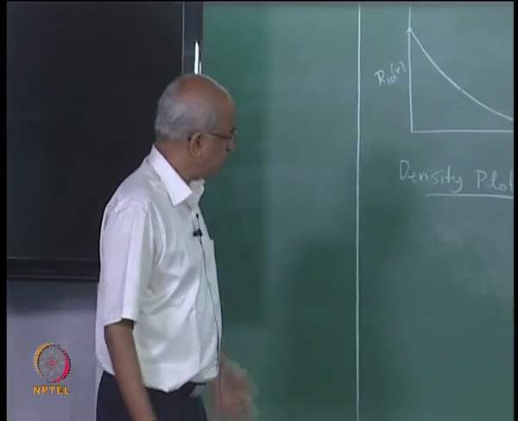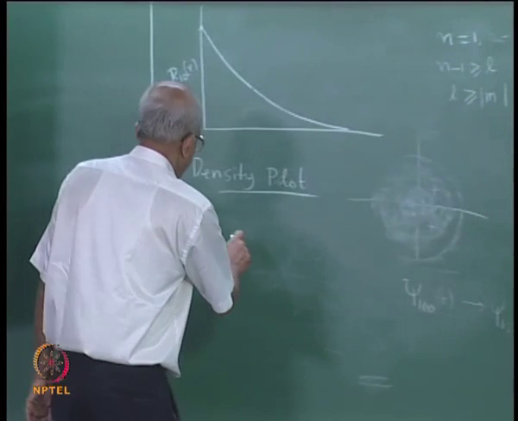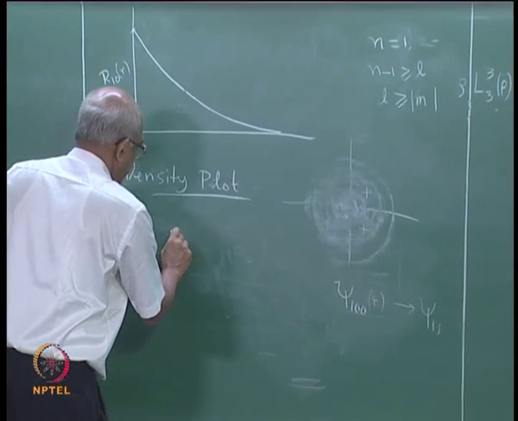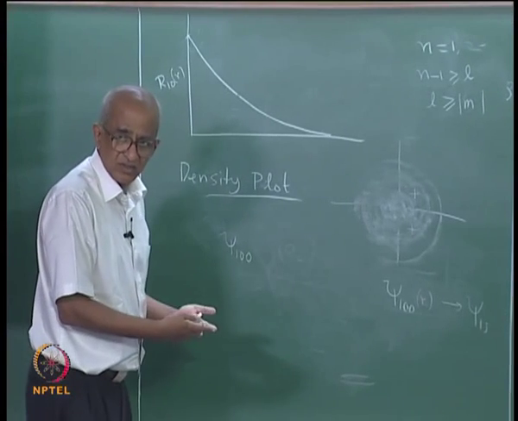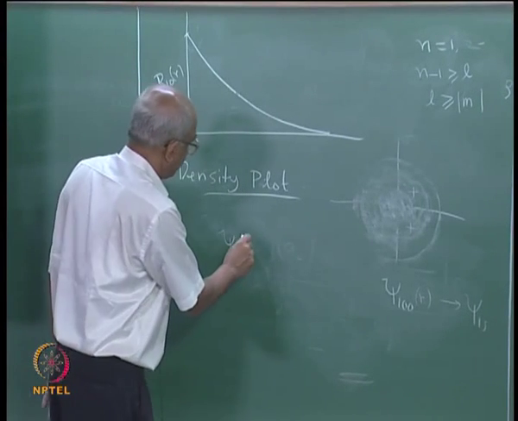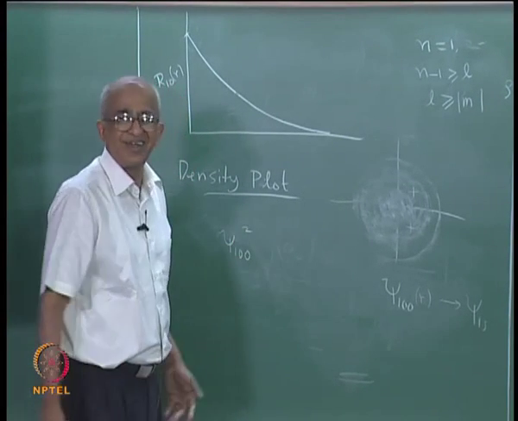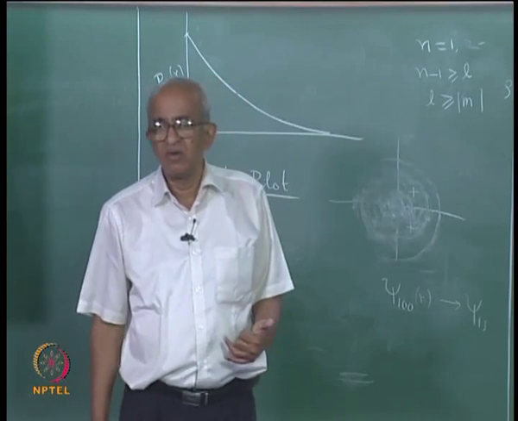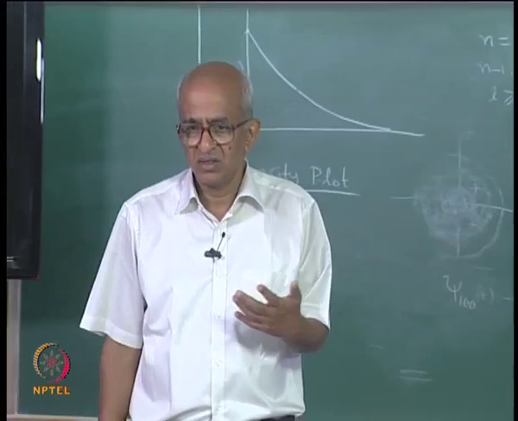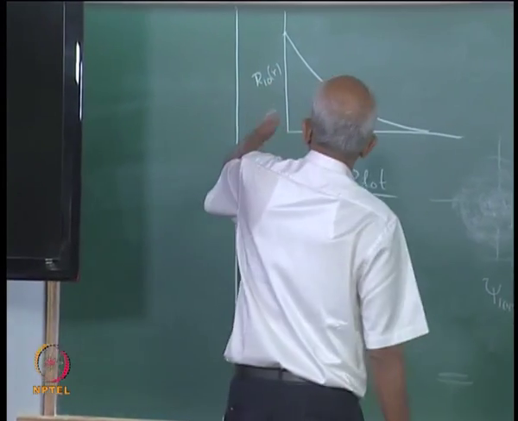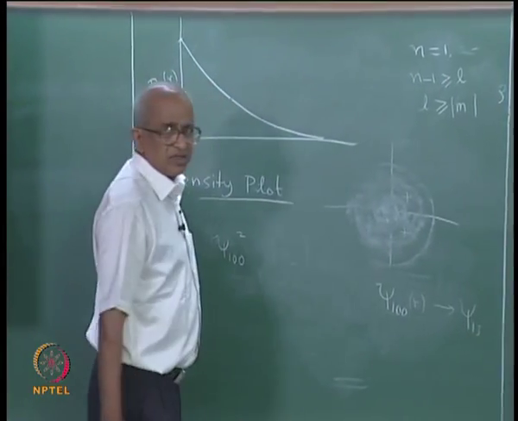But you may say that, well, after all, it is not the wave function but the square of the wave function that is interesting. You can say that definitely. Why? Because the square gives you probability density. So, if you like, you can even make a plot of R10 square, because this is the wave function.